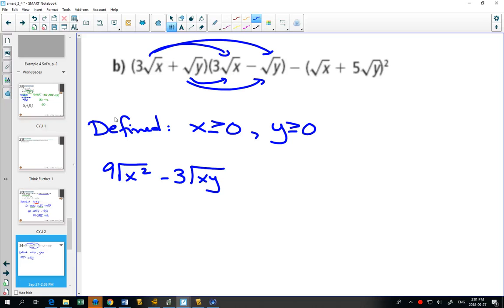Continuing to multiply this out, on the inside, root y times 3 root xy will be plus 3 root xy, and then root y times a minus root y will be minus root y squared. That's just the first one. The second one, you would have to FOIL as well. Be careful, because there is a negative sign there.